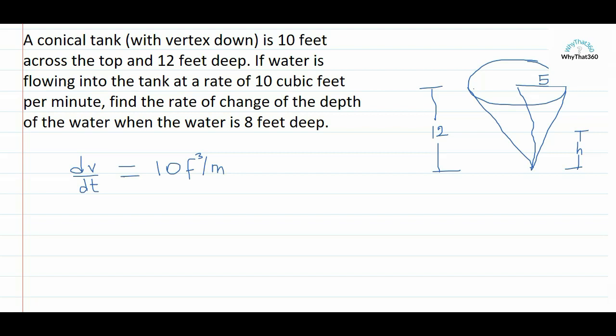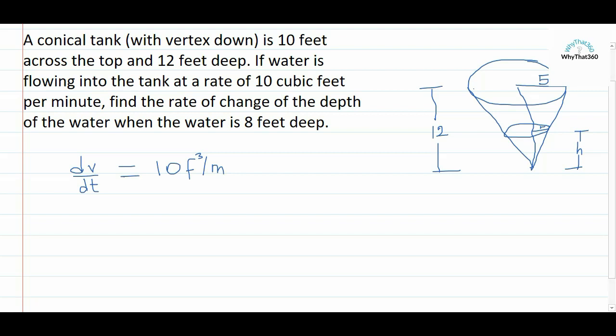At that point where we have the h, let me make something like this here so that we can get another radius, r. We will assume r to be that radius. That's the radius of the water.